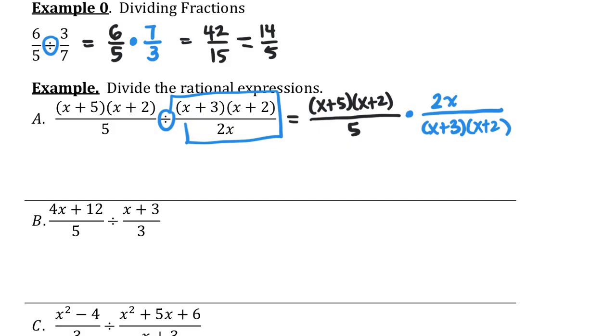So I can cancel the x plus 2 with the x plus 2. Looks like everything else is going to stay. So my final answer, I have the 2x at the numerator, the x plus 5, and at the bottom, I still have the 5 and the x plus 3. And this is my final answer.